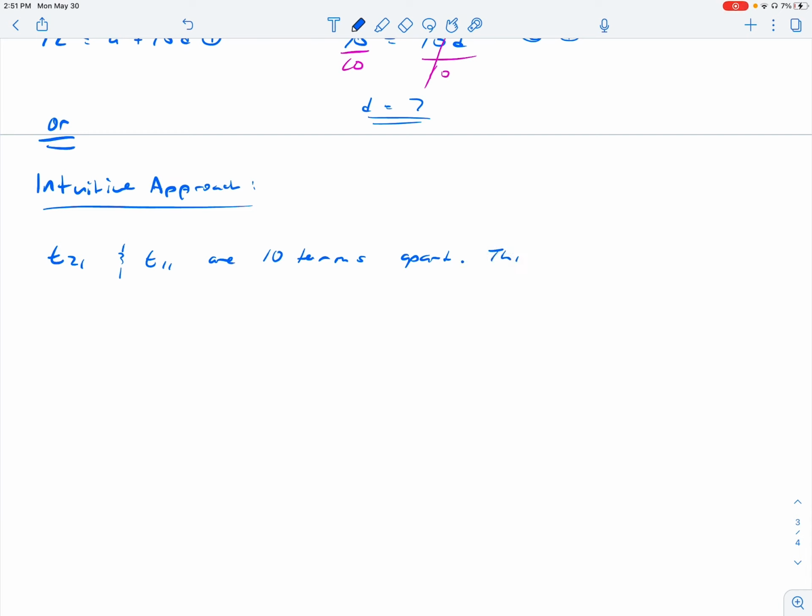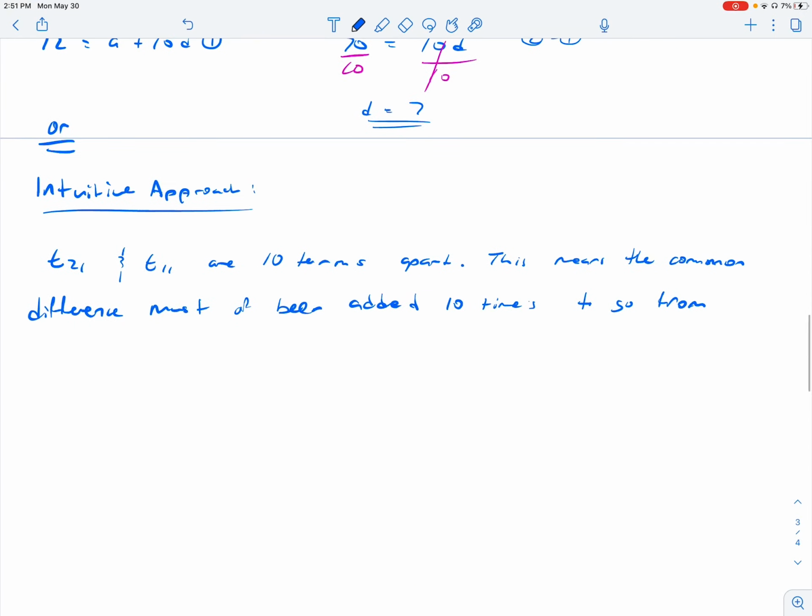So we can say this means the common difference must have been added 10 times to go from the 11th term, which is 72, to the 21st term, which is 142.